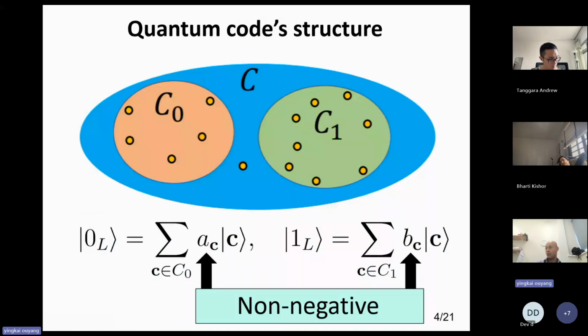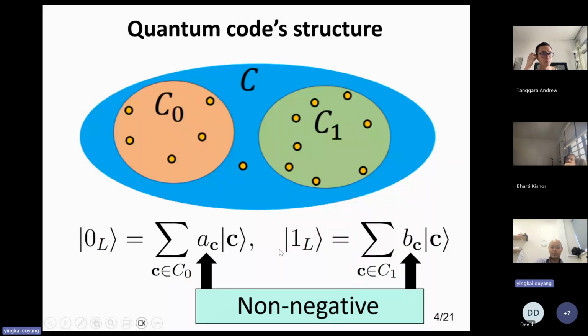The structure that we're going to use is that these coefficients appearing here are not fully general. We are only going to consider the case in which these coefficients are non-negative real numbers. You may consider them to be positive numbers anyway, because if the coefficient is zero, you can just delete the code word and it's the same, right?